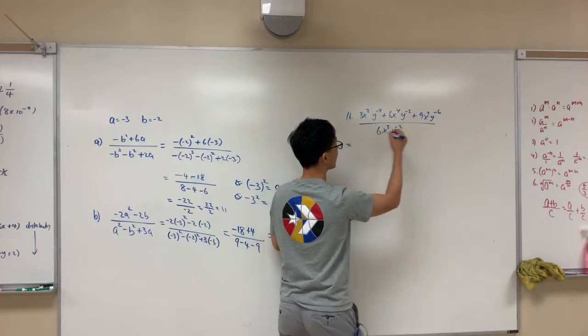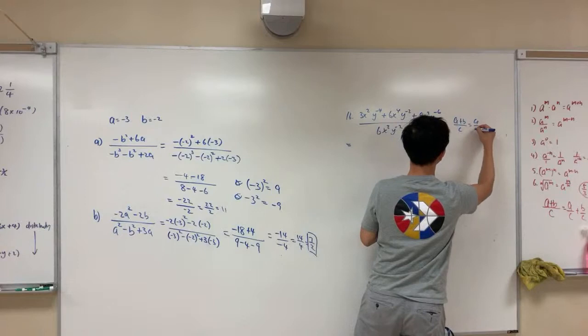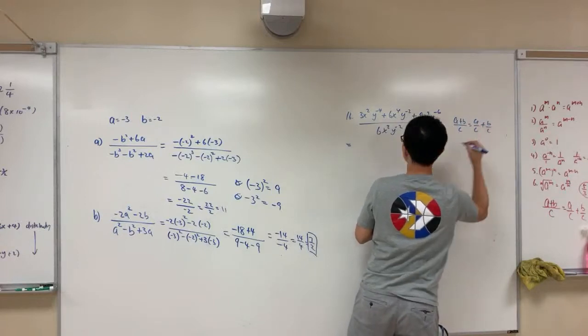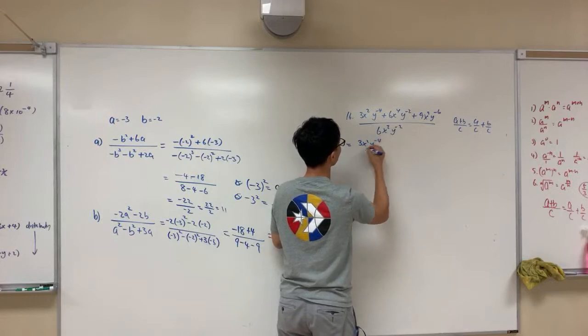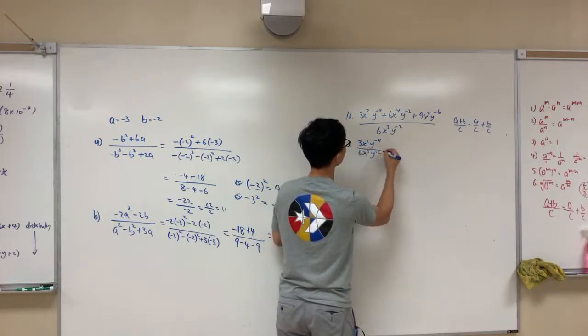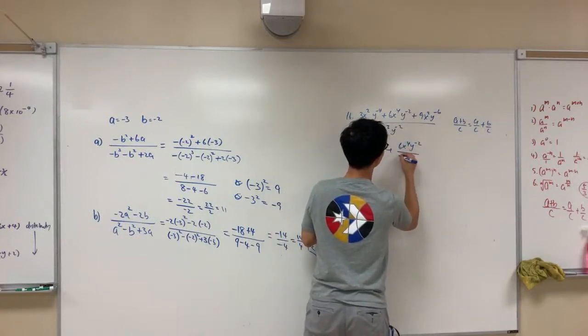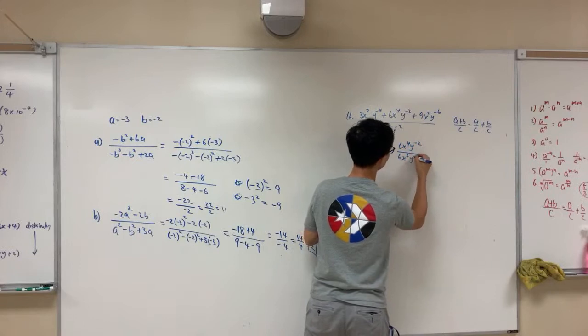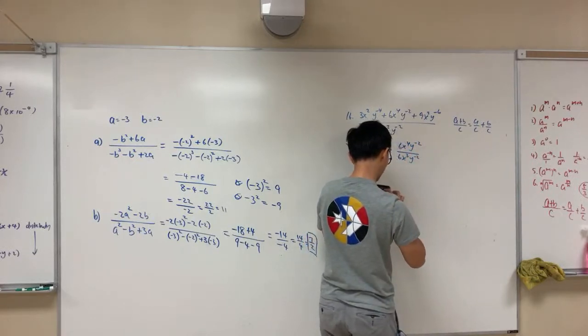Get a habit of a plus b over c is equal to a over c plus b over c. That's a good habit to have. So 3x squared y to the negative 4 over 6x cubed y to the negative 2, plus 6x to the 4th y to the negative 2 over 6x cubed y to the negative 2. Make sure I copy down the question right.